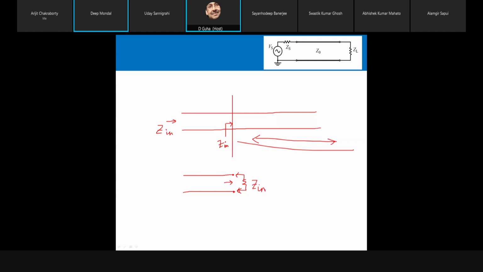So one infinite line, we took an infinite line, যার একটা ক্যারেক্টারিস্টিক লাইন ইম্পিডেন্স আছে. It is Z naught, and here its input impedance is equal to the same.